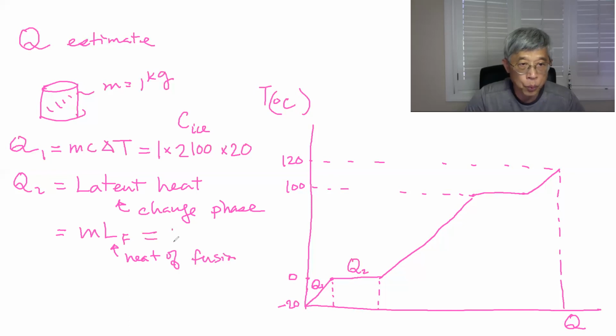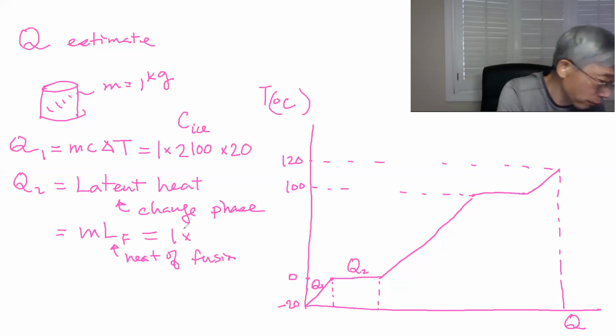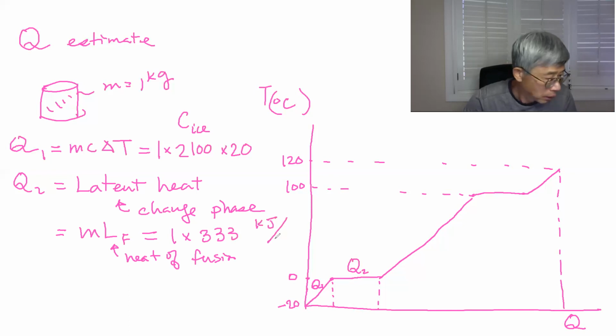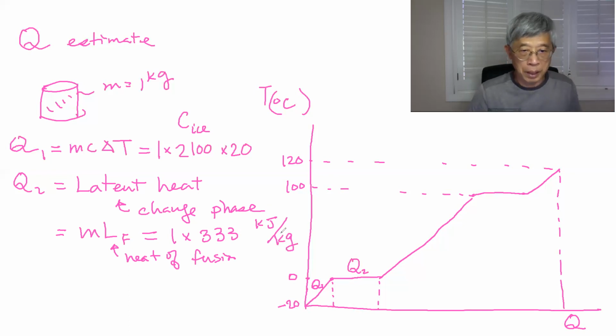So that's equal to 1 times LF. And LF is equal to 333. You can go check on the table. 333, and the unit here is kJ per kg. So it's going to come out to be kJ. If you want J, then you want to have times 10 to the 3 right there.